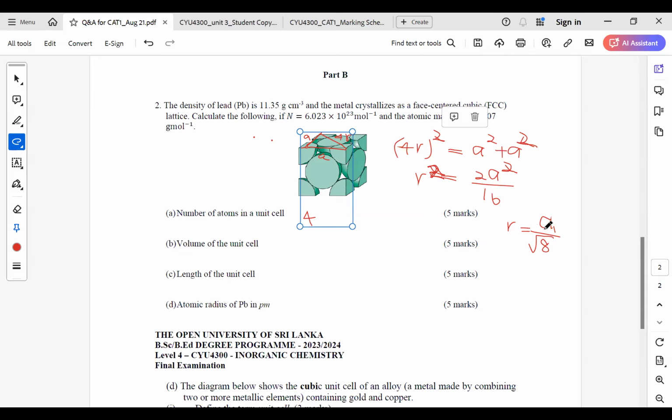I'm going to write the R value here. Later on, you can see whether your answers are correct. Make sure here they ask the atomic radius in picometers. Up to here, you get the answers in centimeters, so you need to do a simple unit conversion as well.